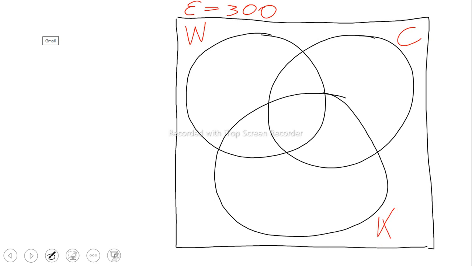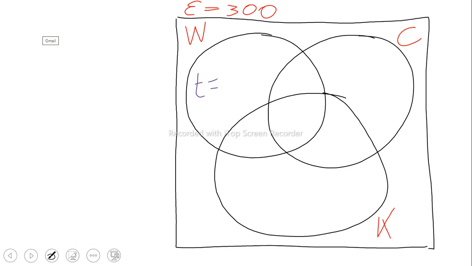What I want to do here, we didn't do this last time, but just to keep track of what's happening, I'm going to put a letter in each of those spaces to indicate what we're talking about. We're going to use the variable T to represent what's happening in W only.